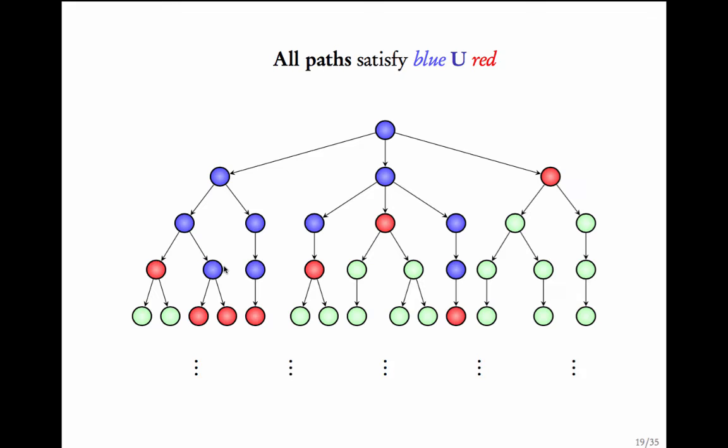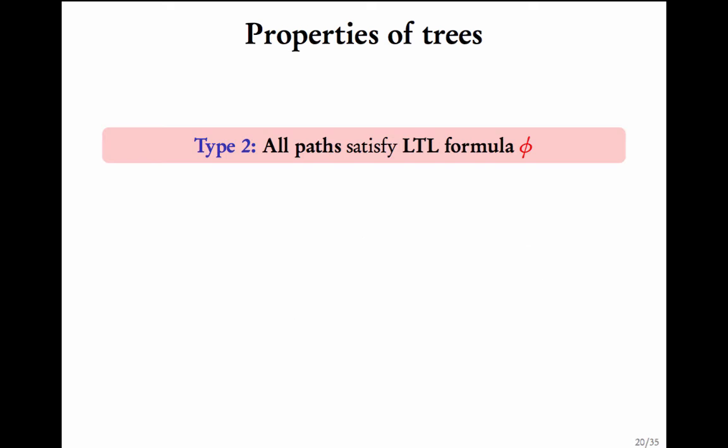So every path in this tree will satisfy blue until red. This is the second type of property over trees: all paths satisfy an LTL formula. An LTL formula is a property over a path, and over a tree we have this additional thing which says that every path satisfies this LTL formula.